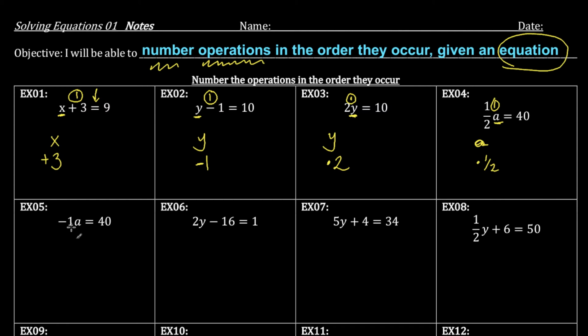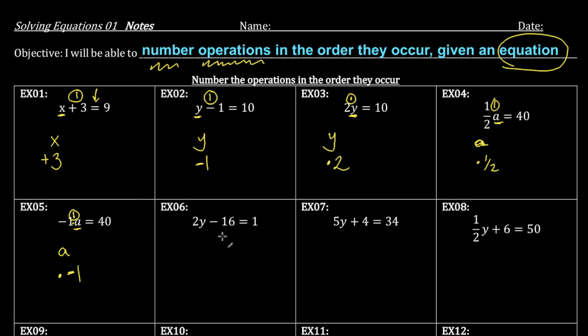This looks like -1, but remember this is -1 times a. So we start off with a, and we multiply it by -1. Remember, there's a times in here. A times -1, and we get 40.